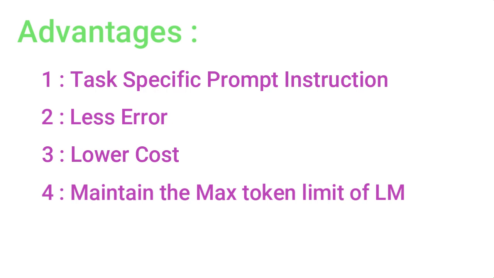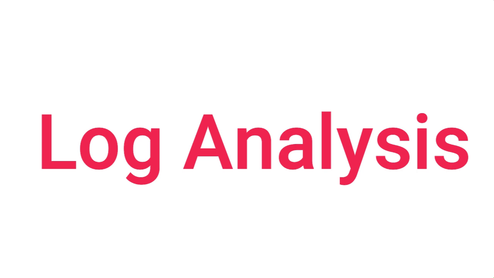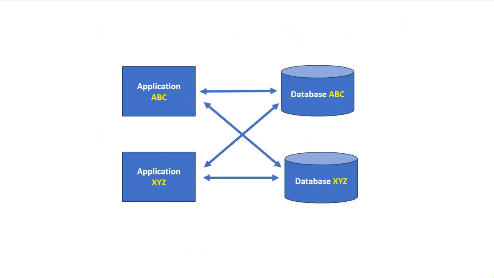Let us try to understand this with a real-world example use case. Imagine you are monitoring a system comprised of two applications named application ABC and application XYZ, each interacting with two databases, database ABC and database XYZ.